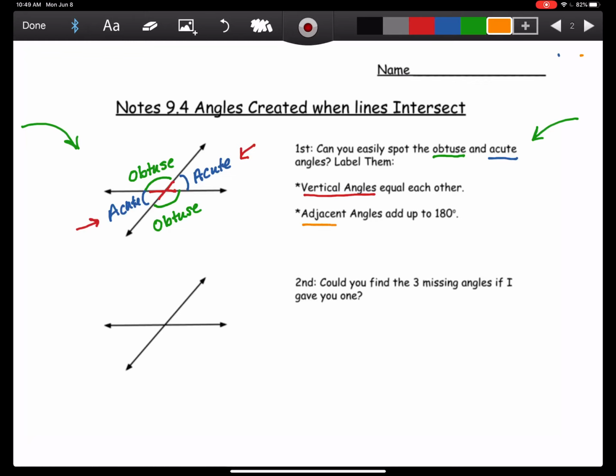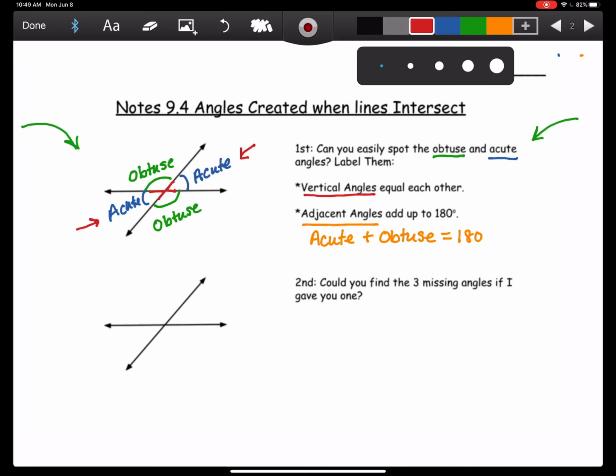So adjacent angles, they add up to 180 degrees. Okay? So any pair of acute plus obtuse angle in this diagram equals 180 degrees. All right, let's back up a minute.